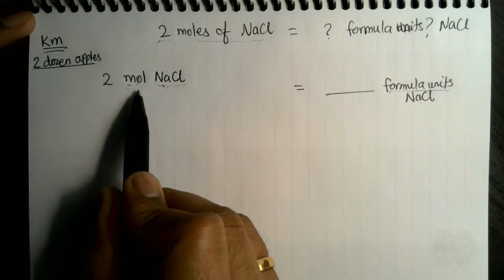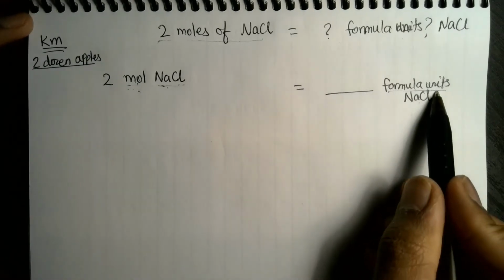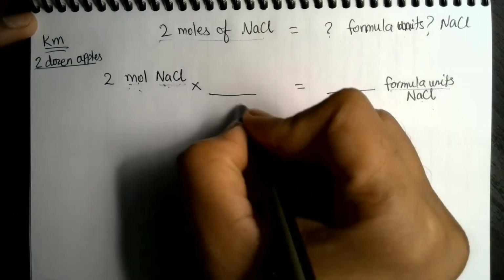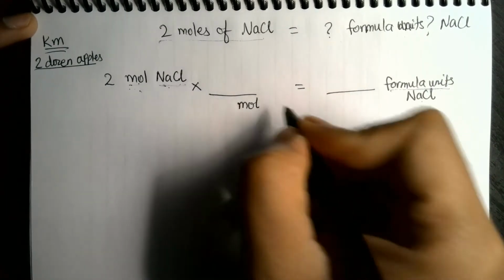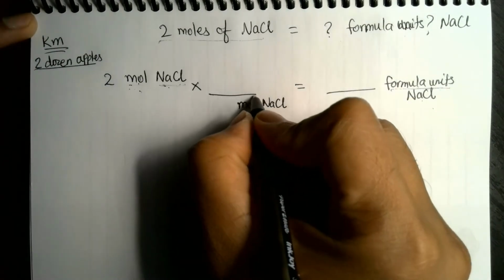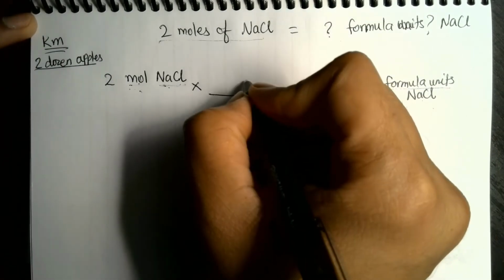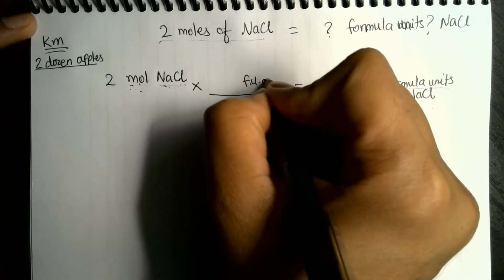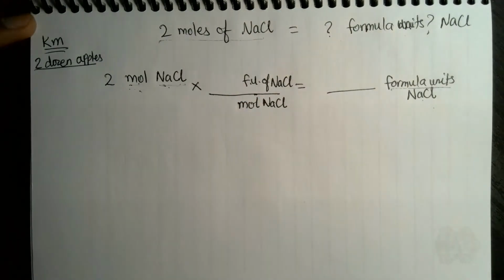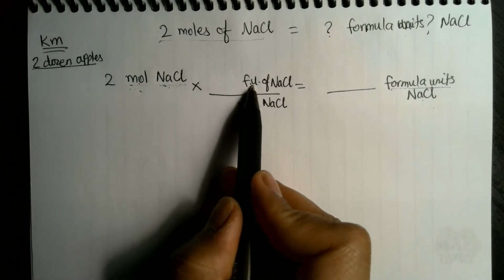Because I'm given moles and I'm going to particles of something, moles is what needs to be cancelled out. I don't want moles of NaCl. Instead, what I want is formula units of NaCl. And that formula units is particles.